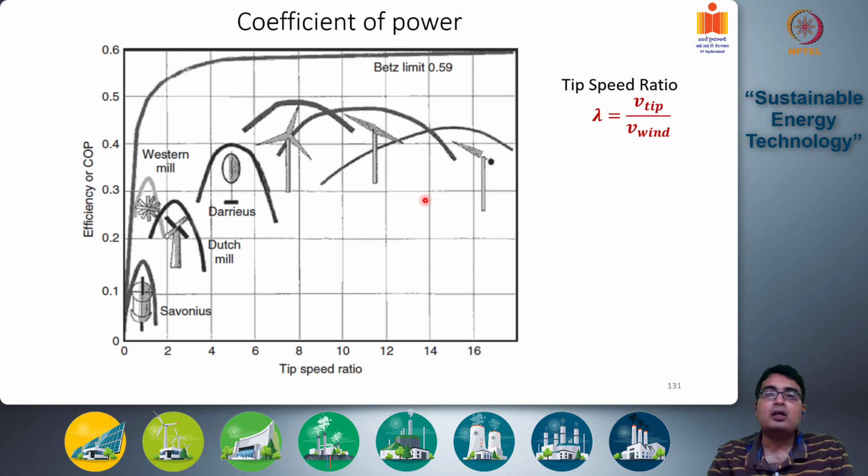Okay. For a two-bladed wind turbine, because you have two blades, the coverage is more. So each blade has to cover only 180 degrees instead of 360 degrees. So you can have a lower tip velocity at which the efficiency peaks, and it peaks around a tip speed ratio of 11, and the efficiency is around 0.48. Okay. A three-bladed wind turbine has a tip speed ratio of 8.